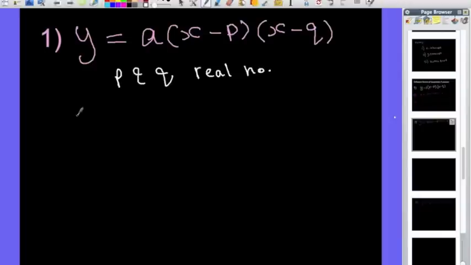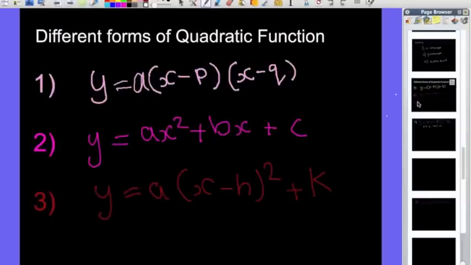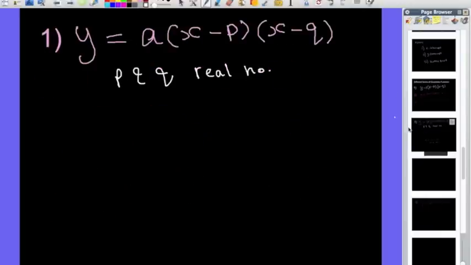We use these three forms in order to find the x-intercept, y-intercept, and vertex point, because those are the things we need in order to sketch a parabolic graph. And this whole topic is about graphing quadratic functions. So in order, first let's take a look at how to find the x-intercept using this form.